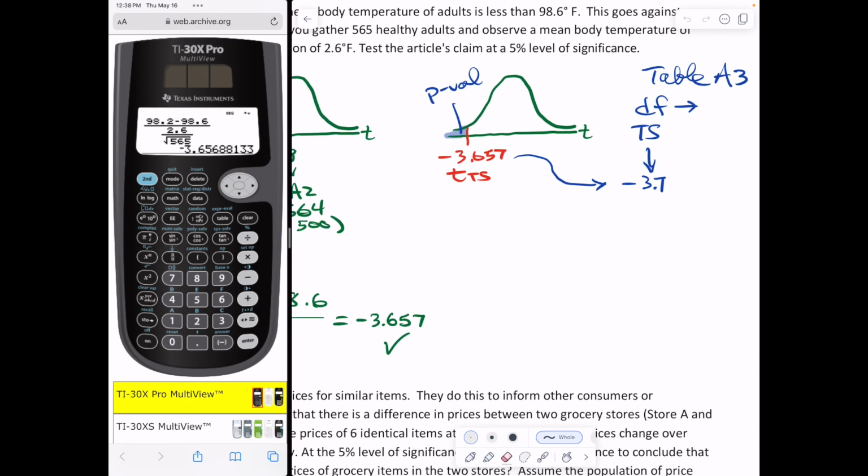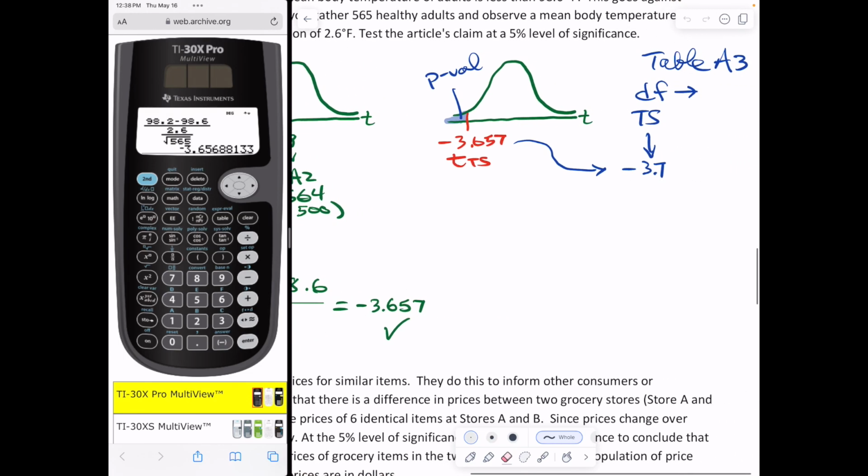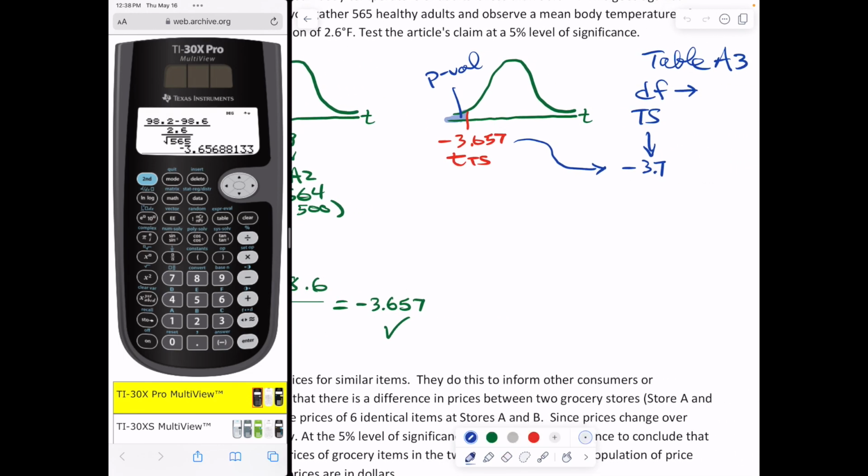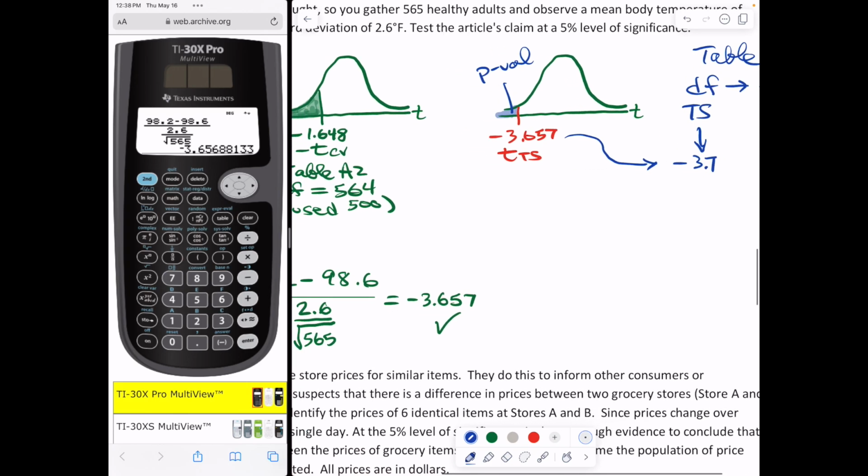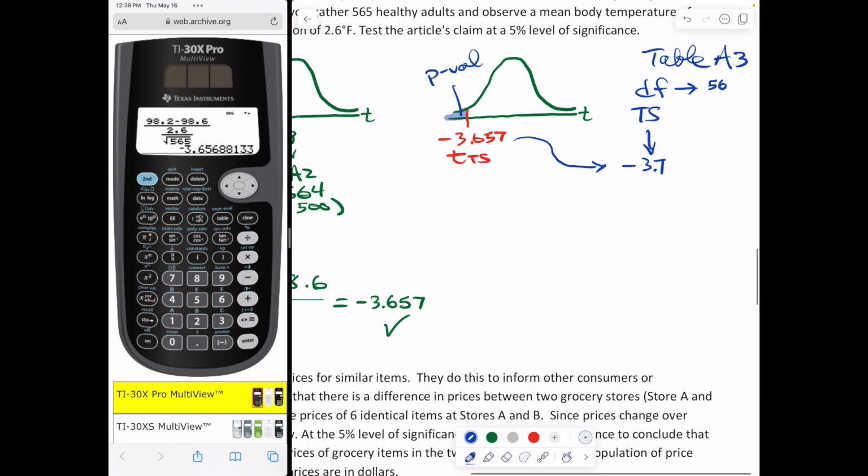So again, what we want for the degrees of freedom is 564. So that's what we would look for, right? 564. Okay, but we're using infinity. And again, that gave us a .0001.